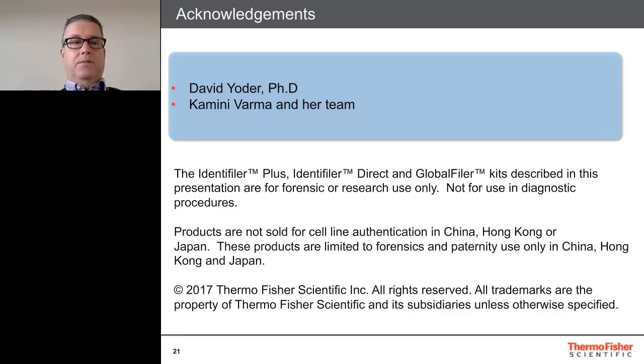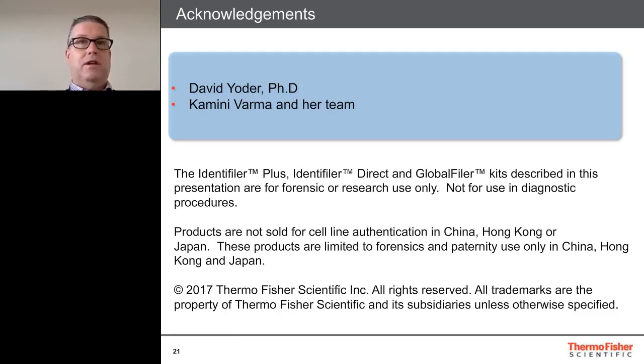Okay, so let me go to the questions that we have received. One of the questions that we have gotten was whether or not the methods described here will work for frozen cells and for FFPE tissues, and the answer is yes.